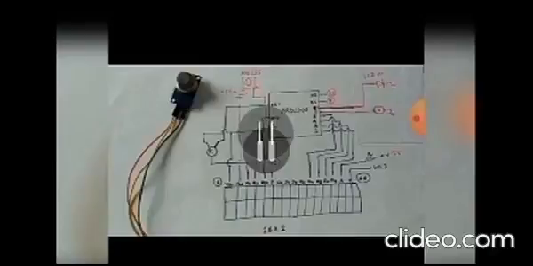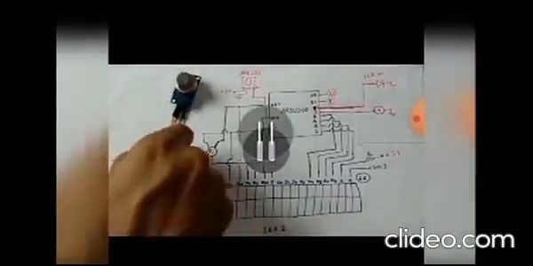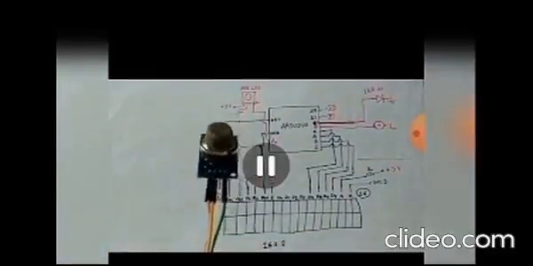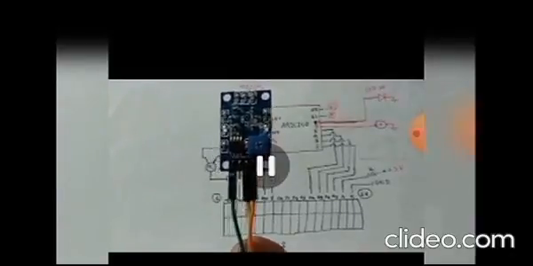First we will discuss the interfacing diagram. As you can see, this is the MQ135 air quality sensor. It has 4 pins: on the right-hand side VCC, then ground, after that digital output, and last analog output.